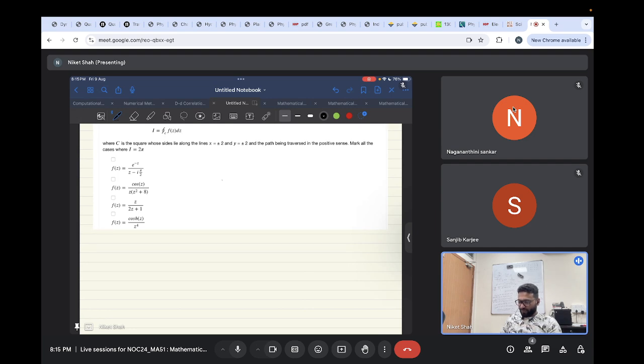The second one, cos z upon z into z square plus 8.